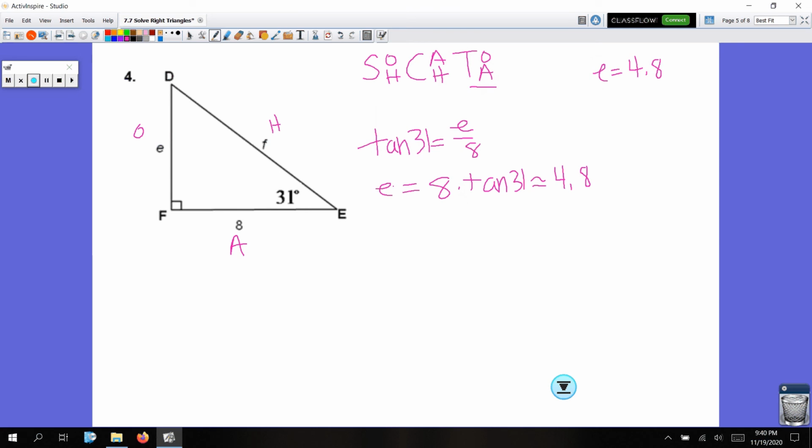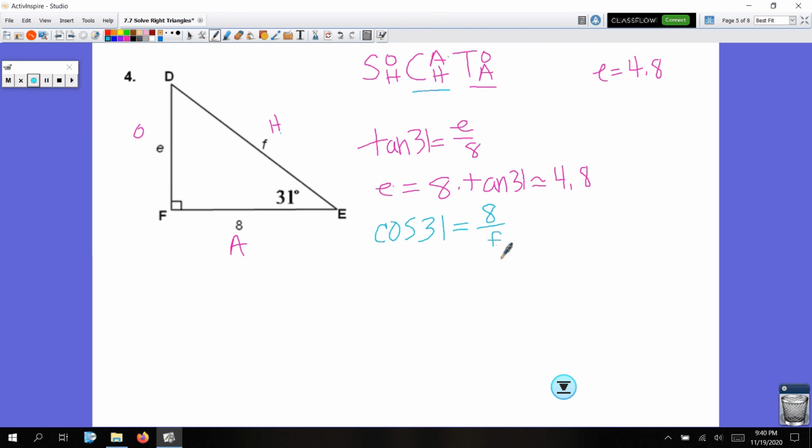Let's find F. All right, so F is the hypotenuse. I have adjacent. Adjacent hypotenuse is cosine. I have to use cosine to find F. So cosine of 31 degrees is adjacent 8 over hypotenuse, which is F. All right, in this case, remember I told you the shortcut.